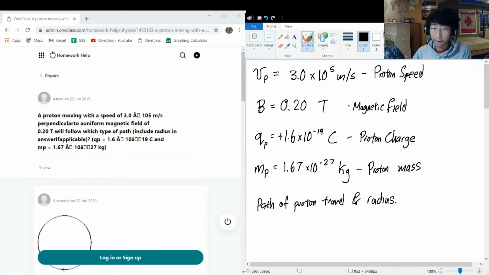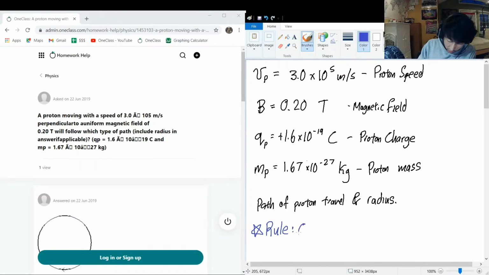The first thing that we want to mention, I'll write this in a different color, maybe purple, is important. This is a rule that we always know about charges moving in magnetic fields.